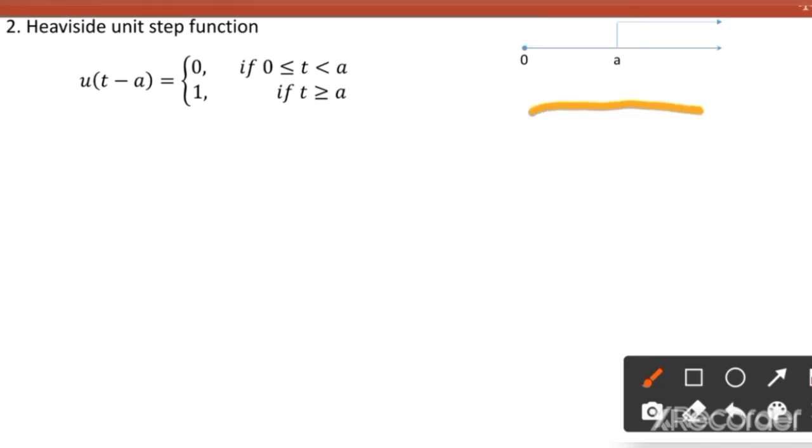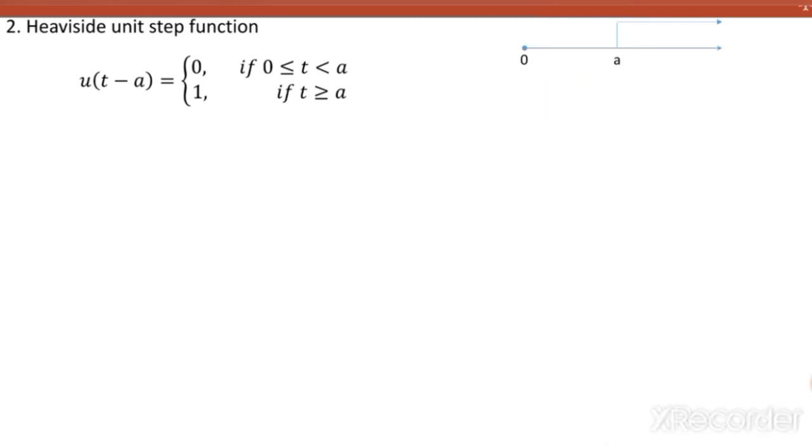So up to a it is 0, then later on, from a to infinity, it is 1. It looks like a step, that means it is off then on. In such a case, what is the Laplace transform? For the unit step function, we can obtain the Laplace transform just by applying the definition.